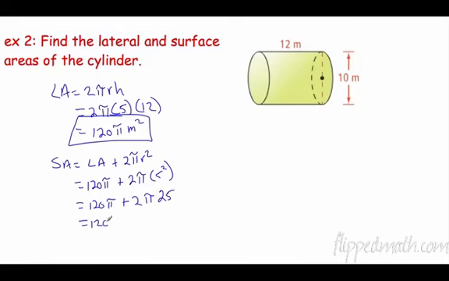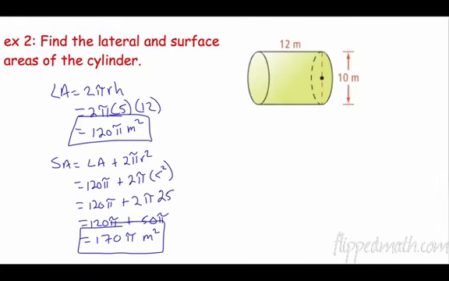That gives us 120 pi plus 50 pi, and that is 170 pi meters squared. All right. So that's finding the surface area of the cylinder.